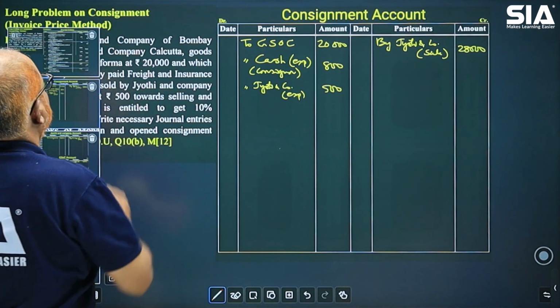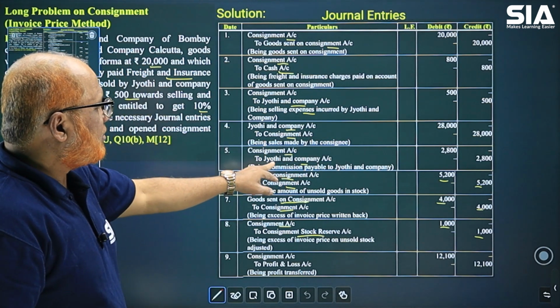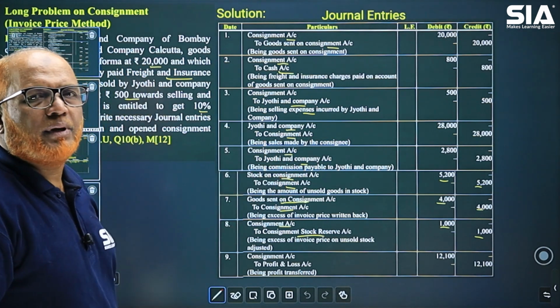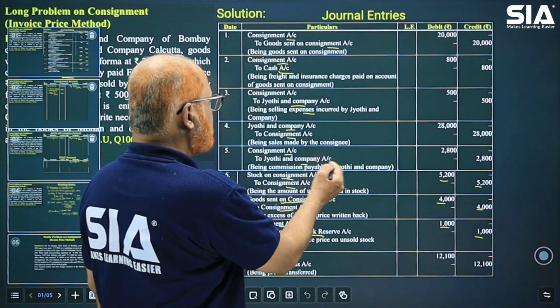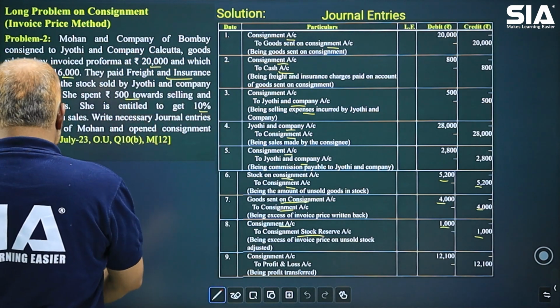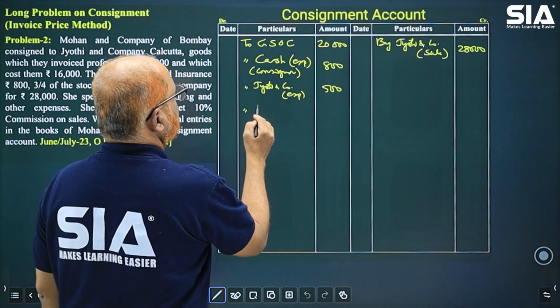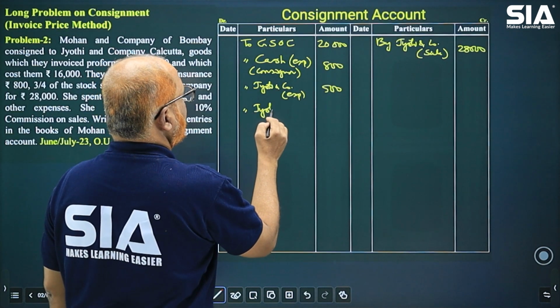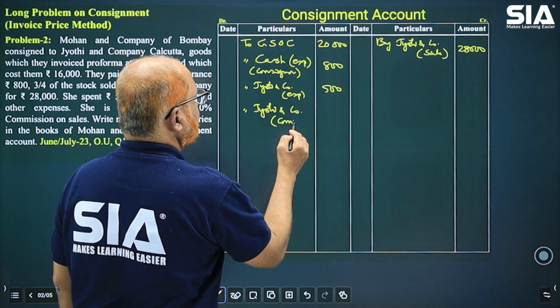Now fifth entry, after 28,000: consignment account debtor to Jyoti and Company commission. So consignment account should be debited and Jyoti and Company should be credited. So consignment account debit side to Jyoti and Company. This is the commission.